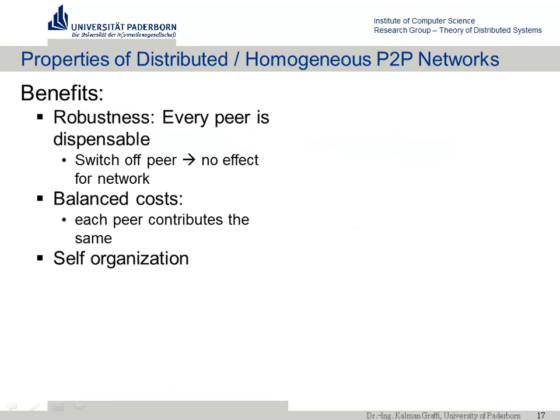Okay, so what are really the benefits and what are the drawbacks? The benefits are, what they wanted to do is that really every peer is dispensable. So every peer might go offline, and in that pure peer-to-peer network where you really assume that your devices are operated by private persons, this is also one assumption that you have to take. So every peer should be able to go offline. What they also wanted to do is to balance the cost.